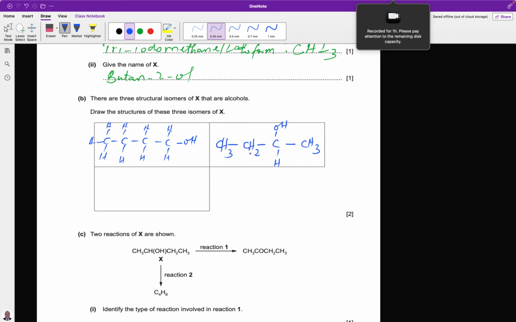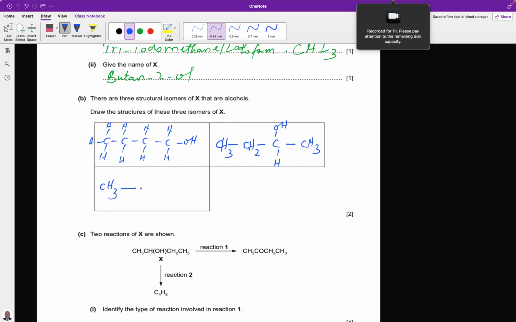If you draw this structure, it is acceptable. That is a secondary alcohol. Now a tertiary alcohol in this case will contain CH3, CH3.